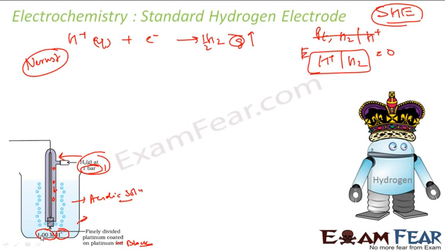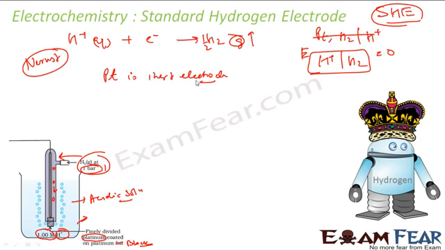Now the question is, why did we use platinum here? What is the role of the platinum electrode here? See, platinum is an inert electrode. Correct? So Pt is inert.